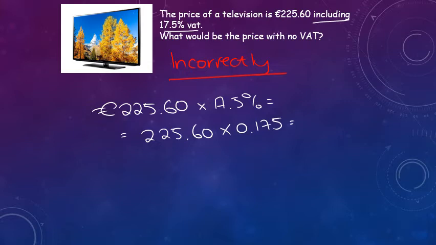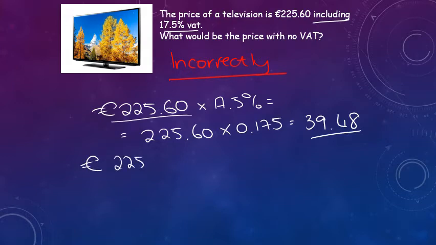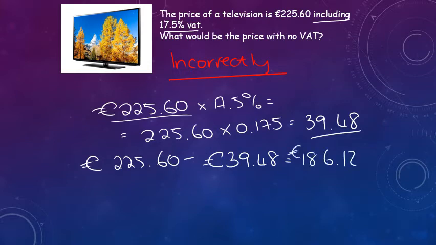And that would work out to give me 39.48. So if that's my VAT, if I take that away from the cost price, that'll give me the price before tax. So that works out to give me €186.12. Okay, that looks good.